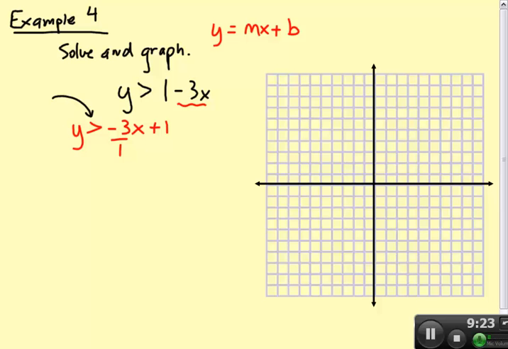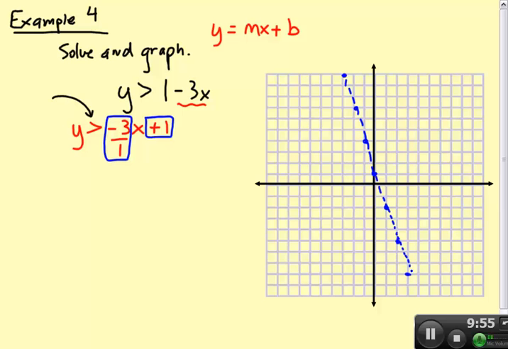First thing I do is go to the y-intercept and put a dot on +1. Then I'm going to use the slope to find other points on this line. Down 3 over 1, down 3 over 1, down 3 over 1. Back 1, up 3, back 1, up 3, back 1, up 3. So there's my line. And remember, I'm going to make it a dotted line.